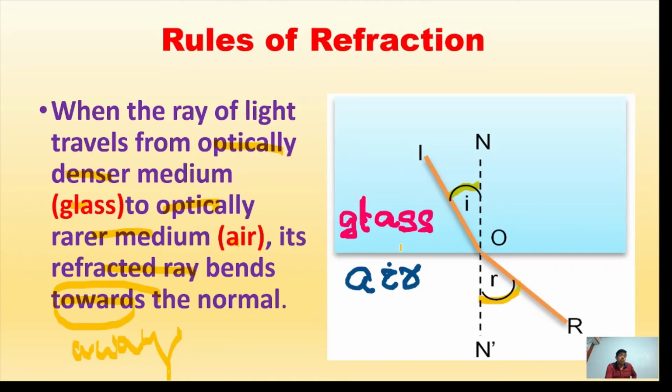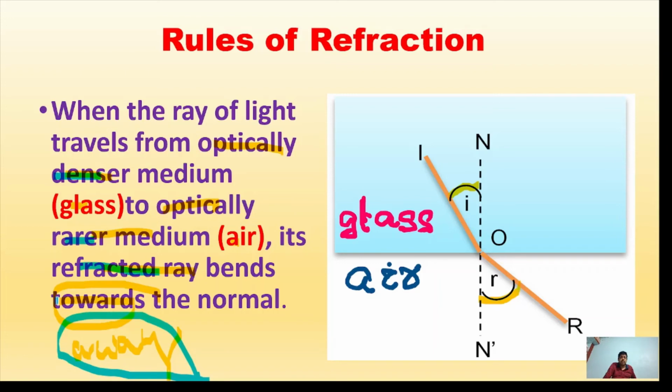In a similar manner, when the light travels from optically denser medium to optically rare medium, the refracted ray bends away from the normal. This is away from the normal.